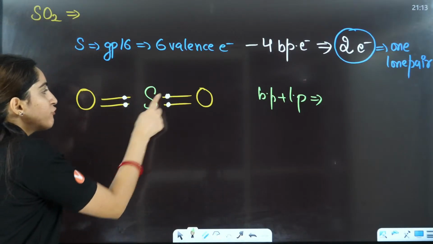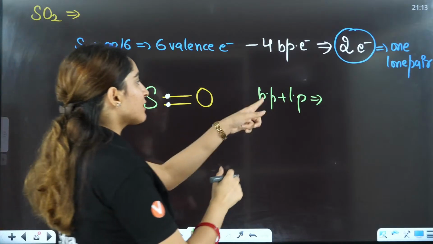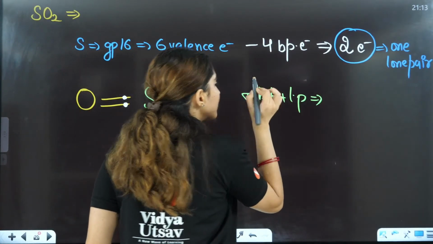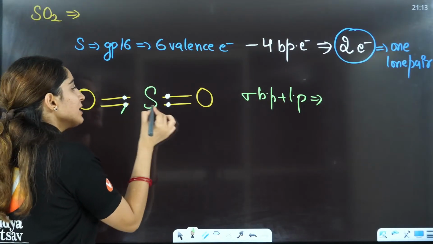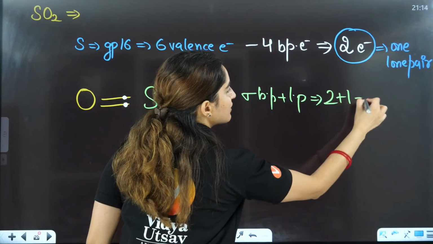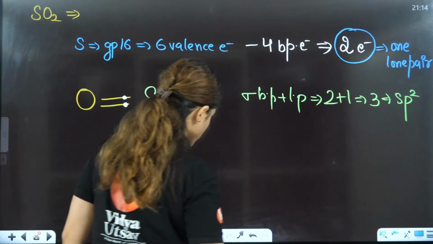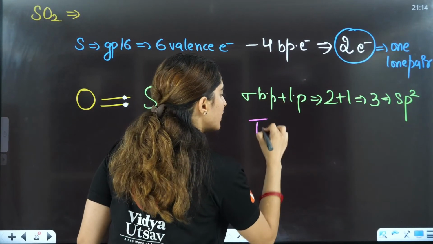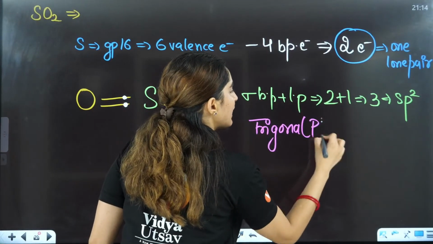So it is forming 4 bonds. So you will subtract 4 here. But when you are calculating the steric number, then you will write the sigma bond pairs. And sigma bond pairs, that means 1 and 2. So here answer is going to be 2 plus 1, that is 3. That is nothing but it is sp2. So the structure is going to be trigonal planar structure.